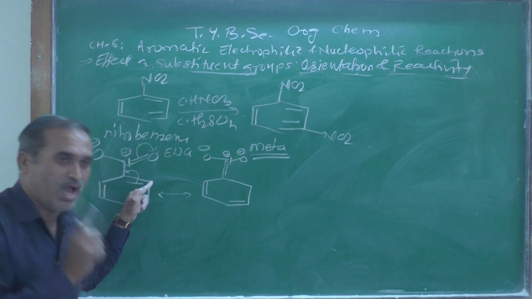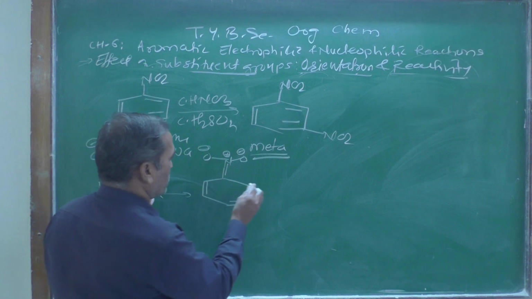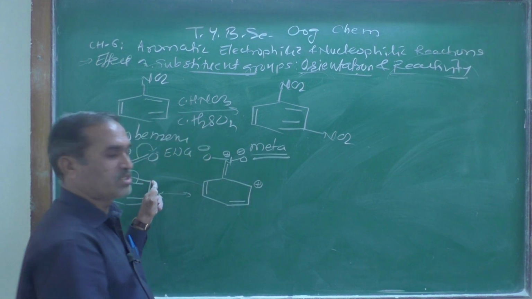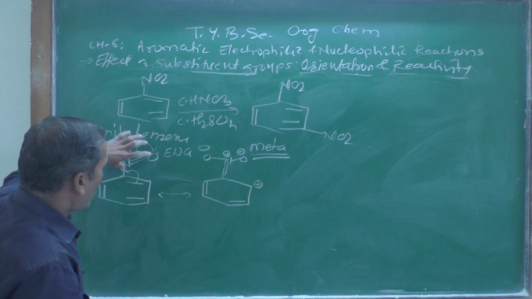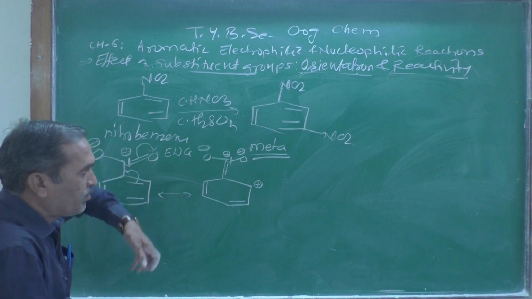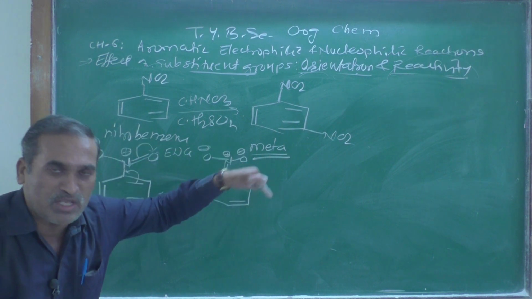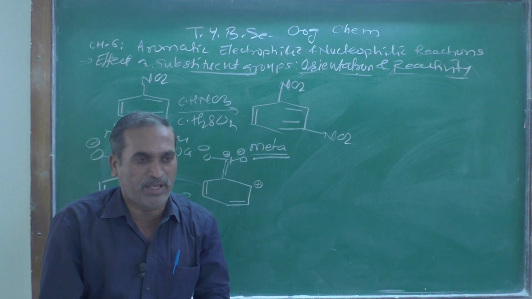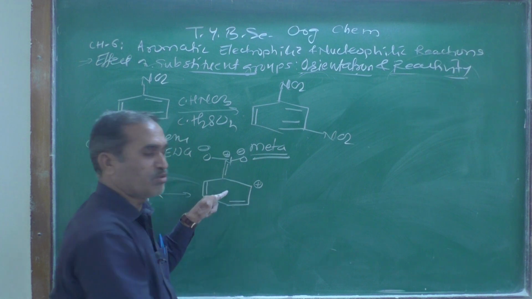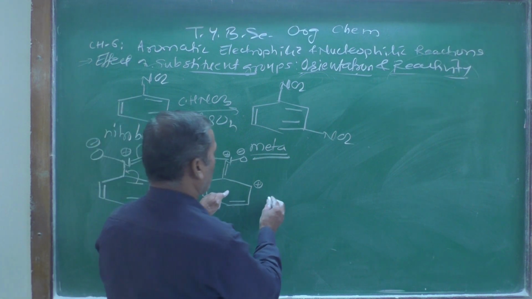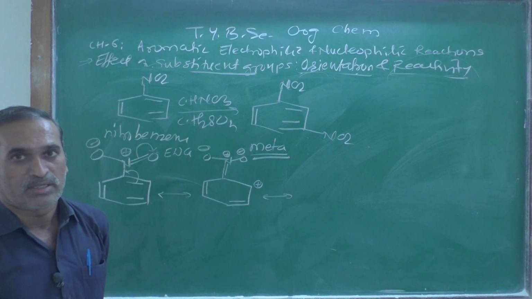What type of charge is present on this corner point? What do you think? Yes, there is a positive charge present, because this nitro group is an electron withdrawing group, it withdraws electrons, therefore the benzene nucleus becomes electron deficient in nature, and therefore a positive charge comes on that carbon atom.